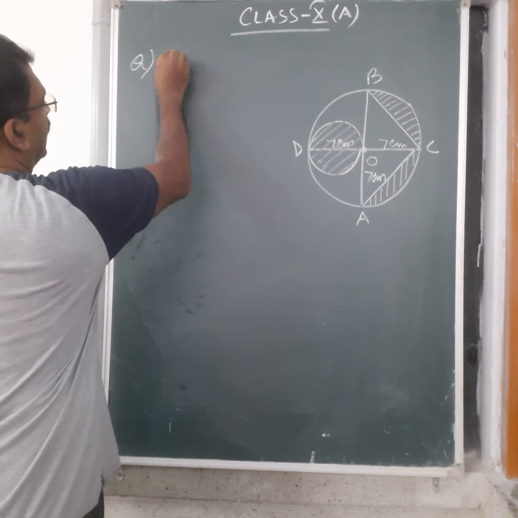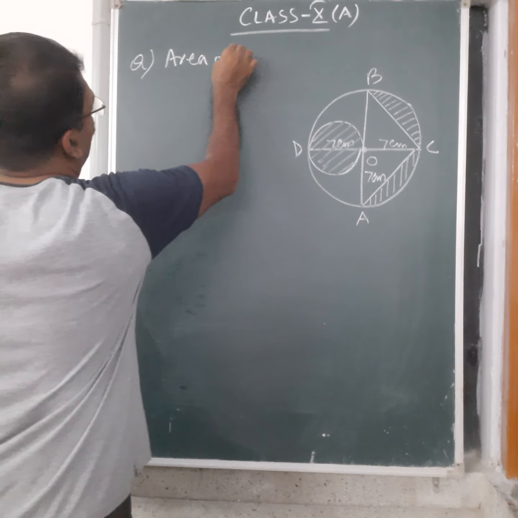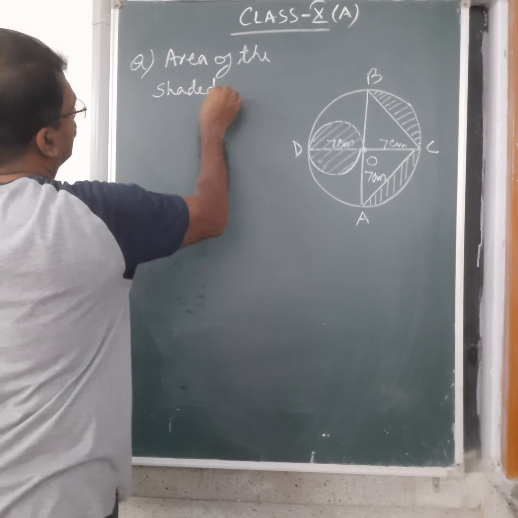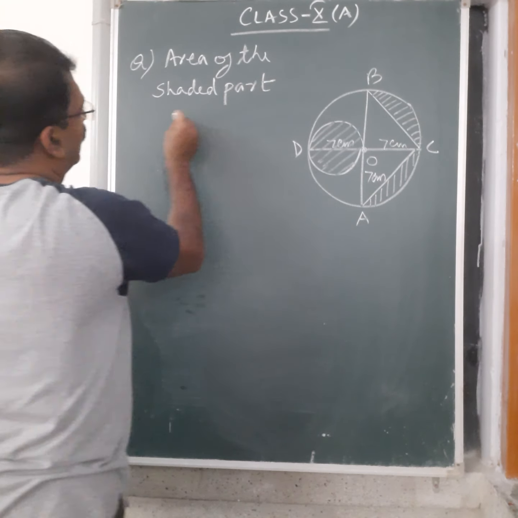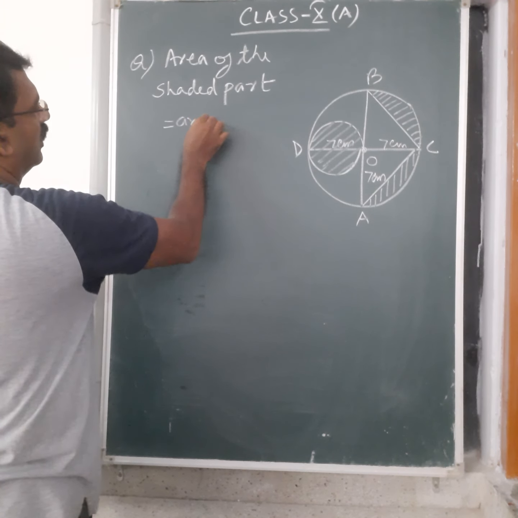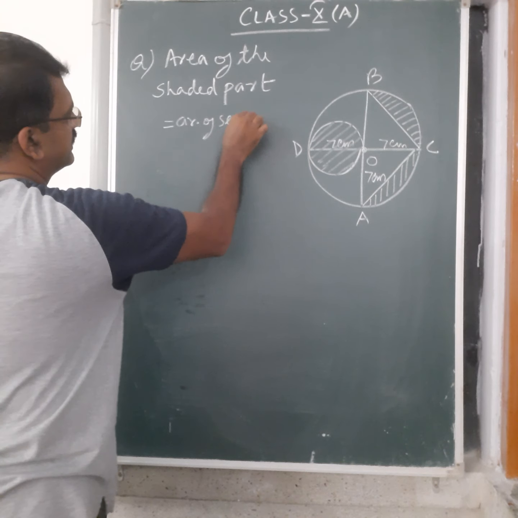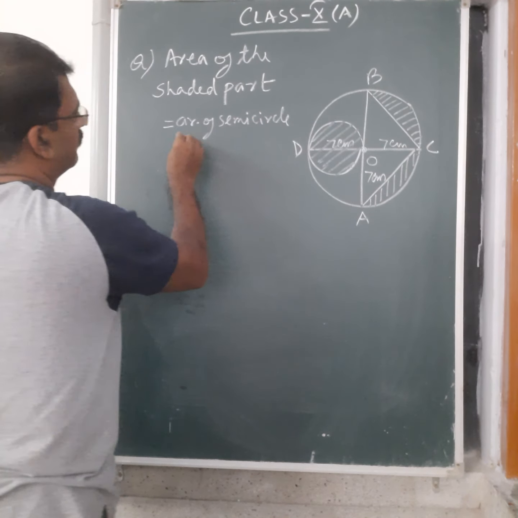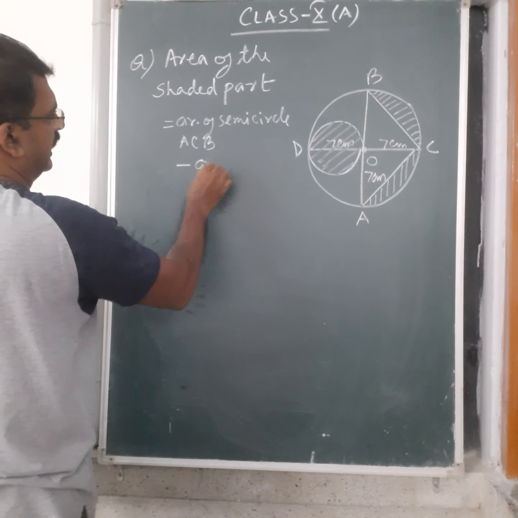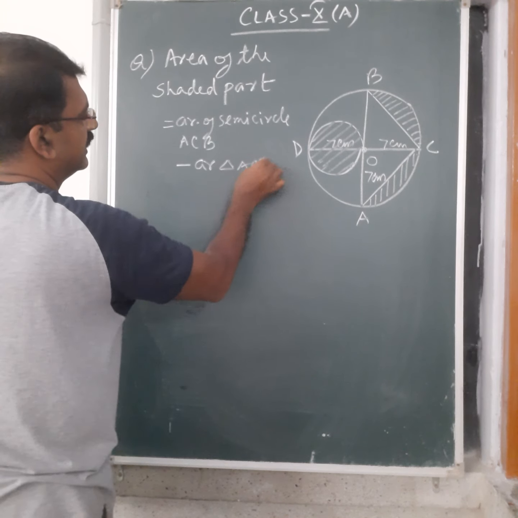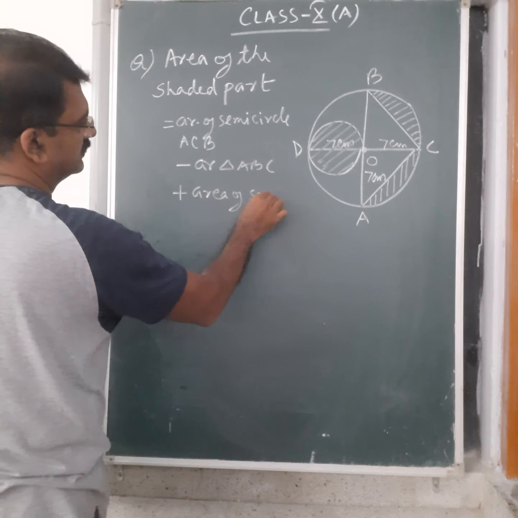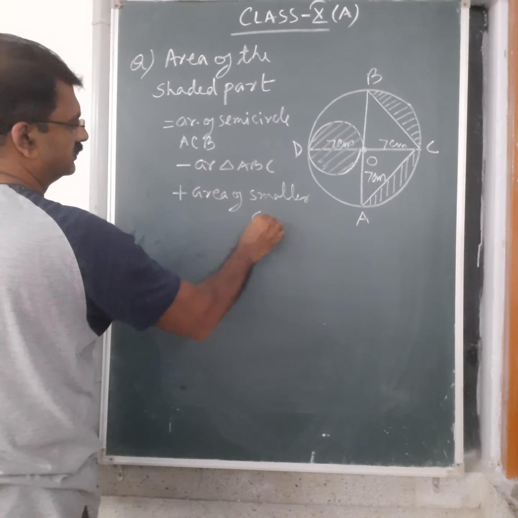So, area of the shaded part will be equal to area of semicircle ACB minus area of triangle ABC plus area of smaller circle.